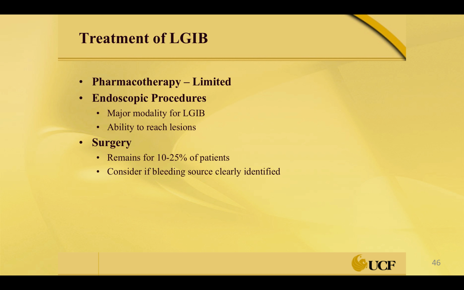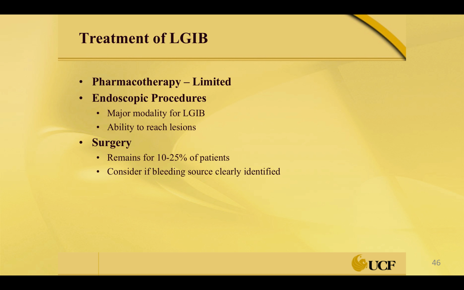The use of pharmacology interventions for the treatment of LGIB is very limited, and endoscopic procedures are usually the major modality for treatment of LGIB because of the ability to reach lesions.